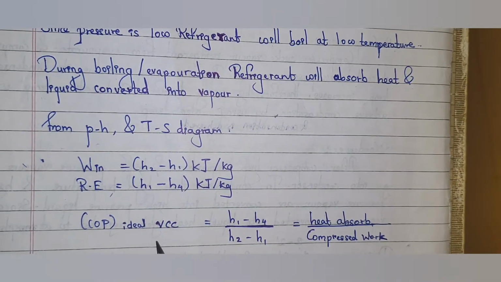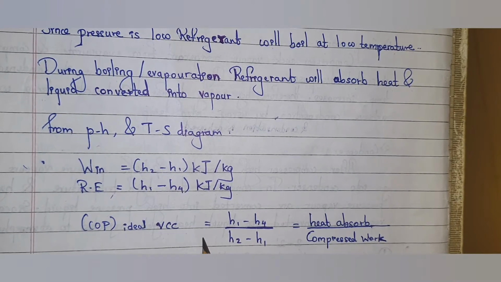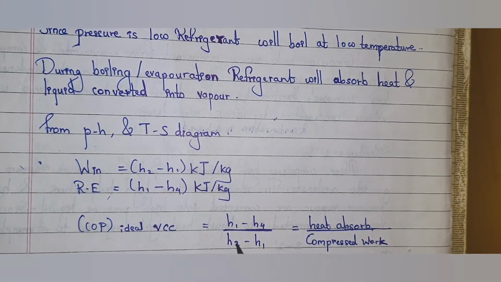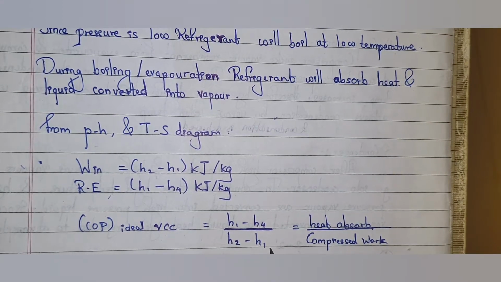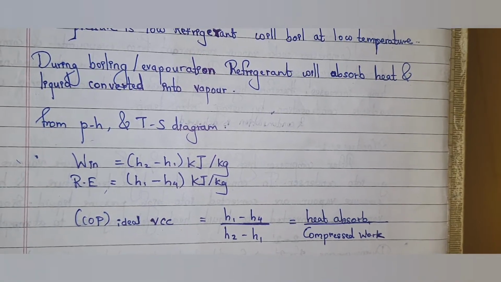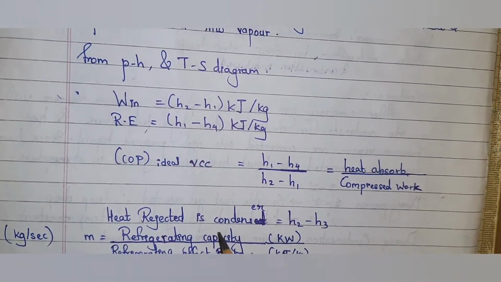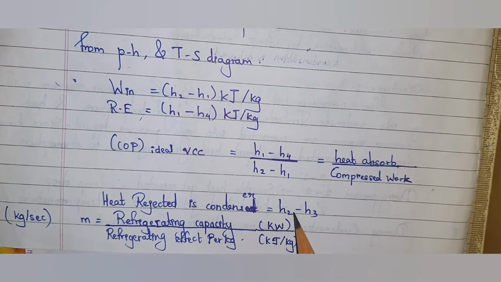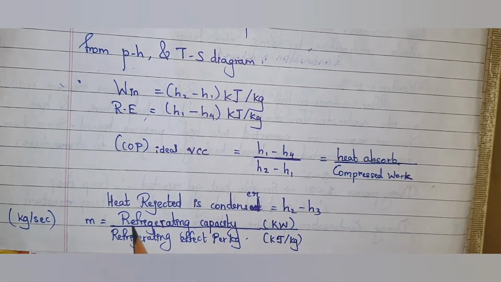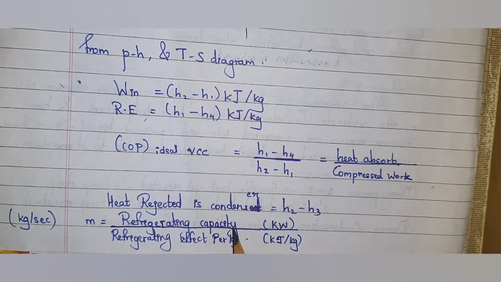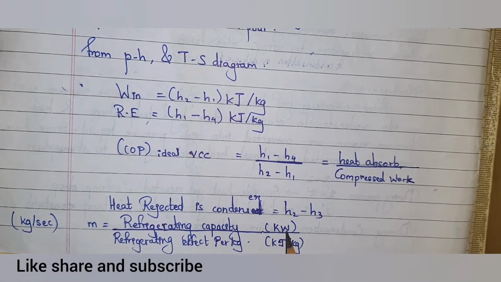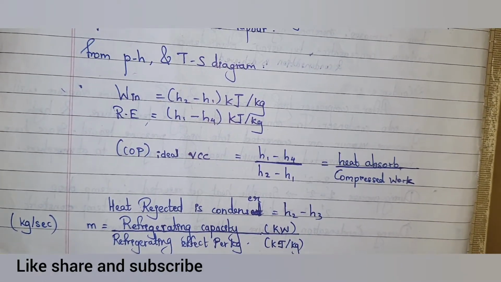The COP of an ideal vapor compression cycle is (H1 minus H4) divided by (H2 minus H1), which is equal to heat absorbed upon compressor work. Also, heat rejected in the condenser is H2 minus H3, and M is equal to the refrigerating capacity divided by the refrigerating effect per kg, and these symbols are written here.